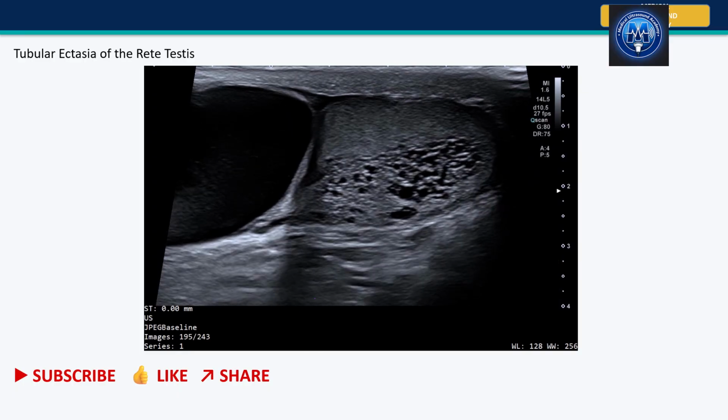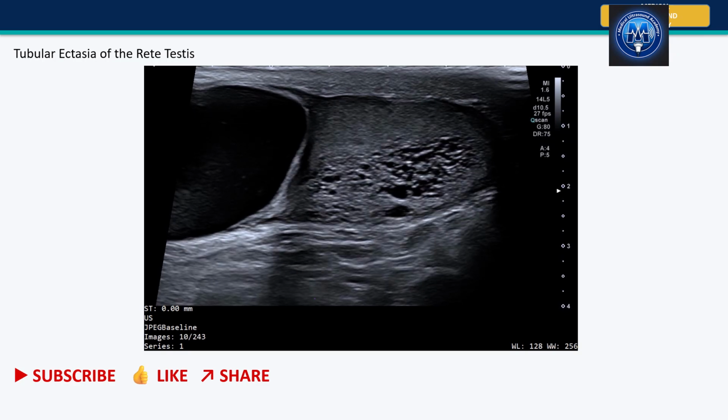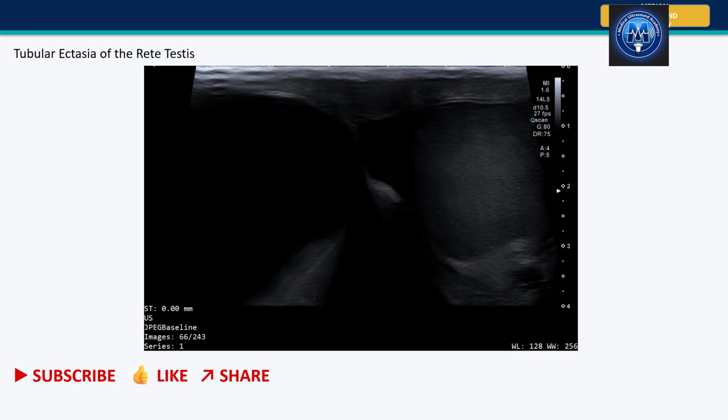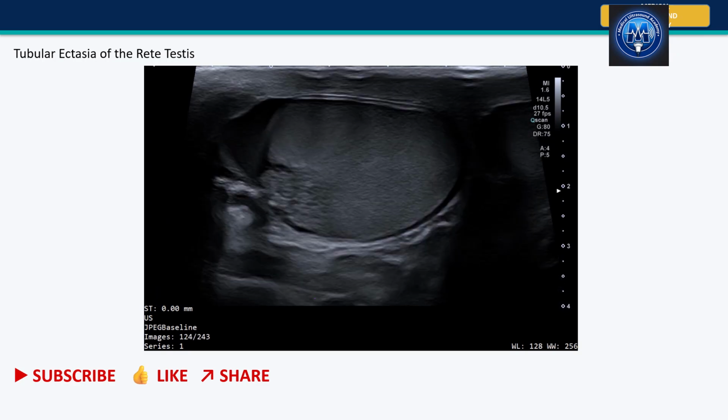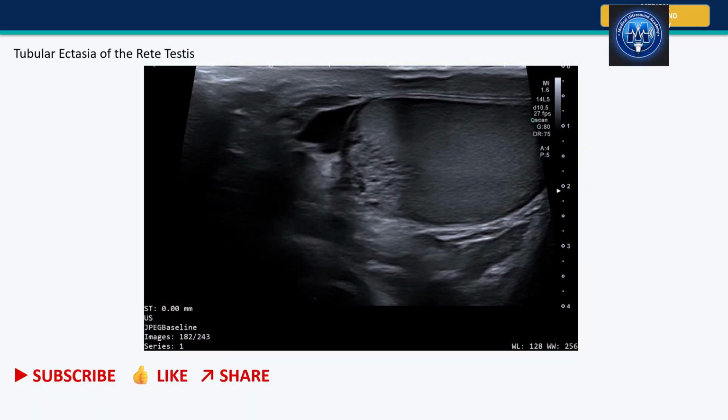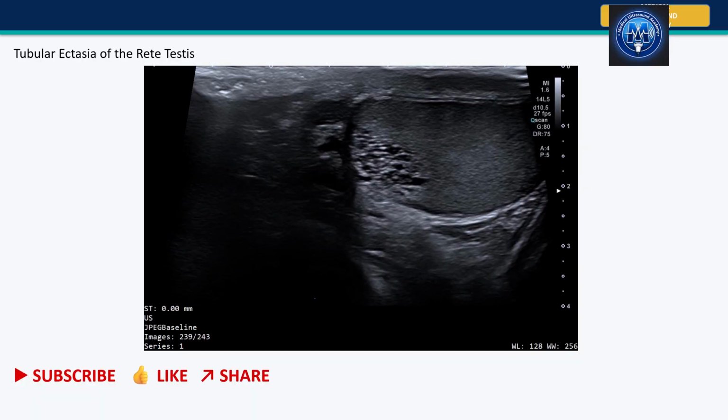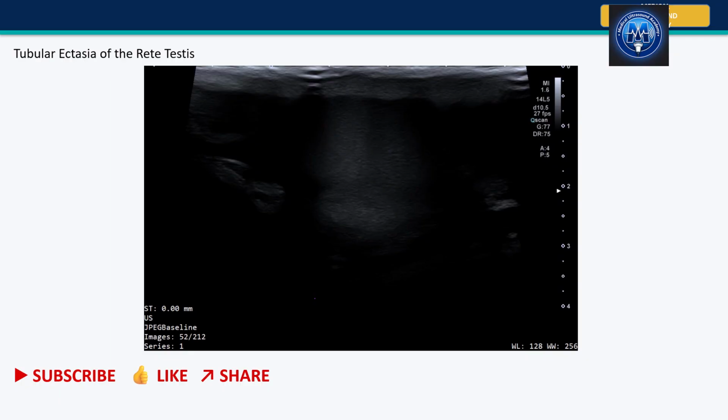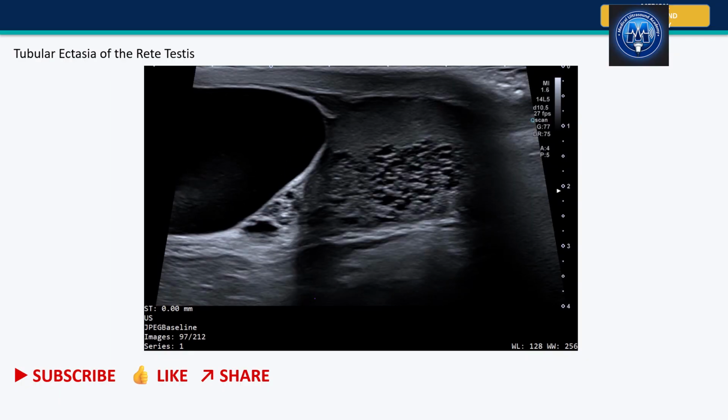So you must be in a position to distinguish the scrotum where it ends and then demonstrate in the inguinal canal where it starts, like that.